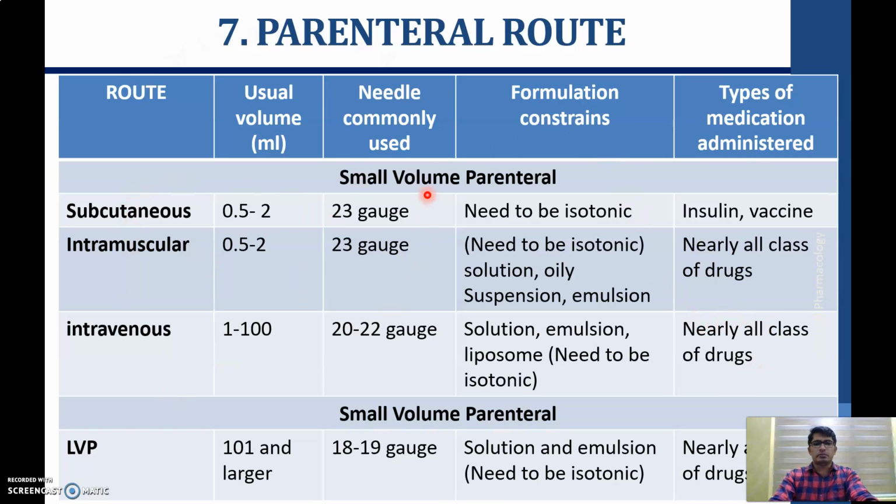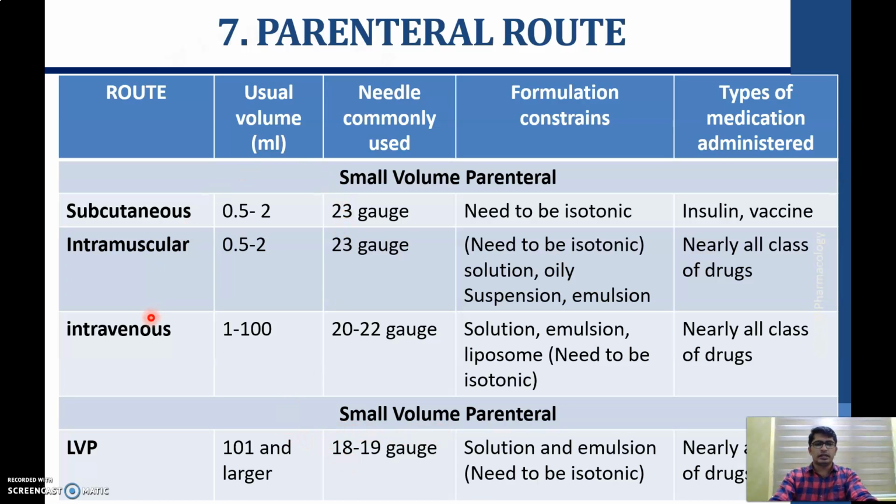A parenteral preparation of less than 100 ml is known as small volume parenterals. If it is greater than 100 ml, up to a maximum of 1 liter that can be administered at a time, that preparation is known as large volume parenterals.